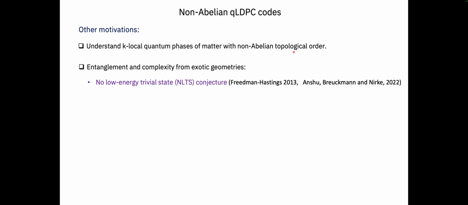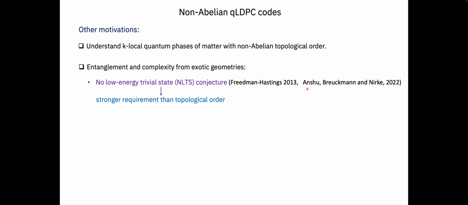One example is the so-called NLTS conjecture, which spells out as the no low energy trivial state conjecture, first proposed by Freedman and Hastings in 2013 as a precursor of the quantum PCP theorem. It's a necessary condition for that. And in 2022, it was actually proven to be true.